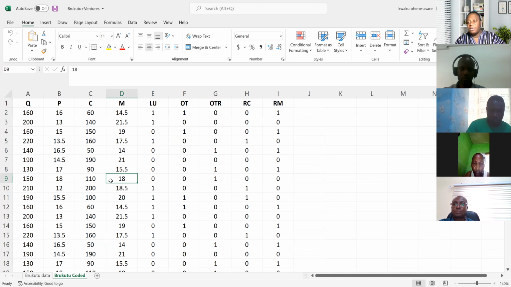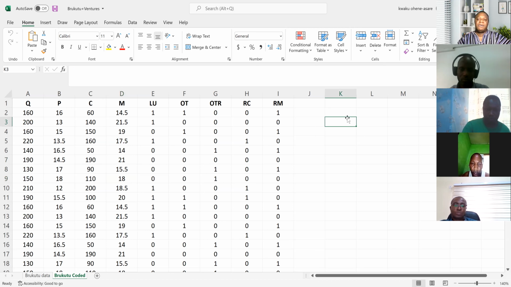Look at the sheet at the bottom. Do what I'll be doing. If you look at the sheet at the bottom, one sheet is known as Brukutu data, another sheet is known as Brukutu coded. We are using the Brukutu coded because Excel only accepts numbers. So we are using the one you have on your screen, Brukutu coded. Do you have that? Work along with me.